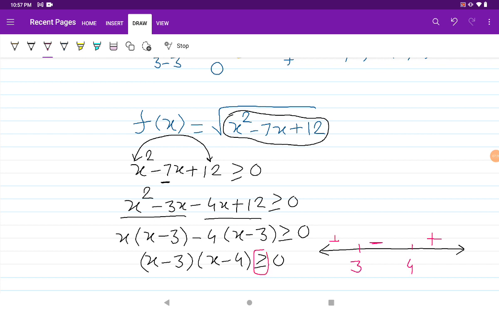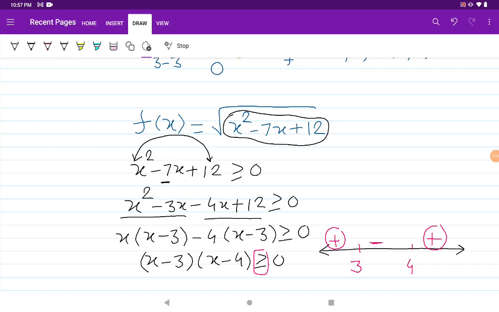Because this inequality is greater than or equal to 0, we have to consider only those values for which we have positive here. So we can consider, with 4, x should be greater than 4 or less than 3.